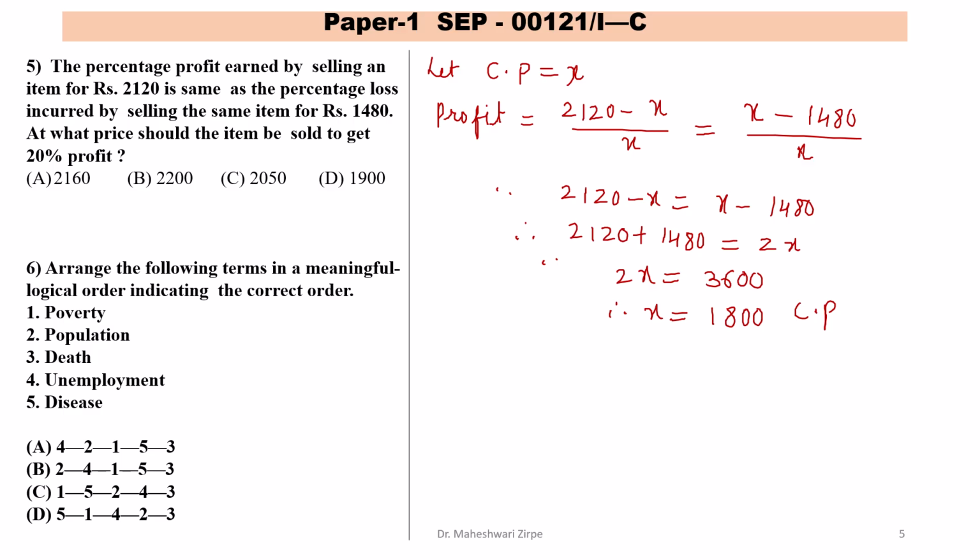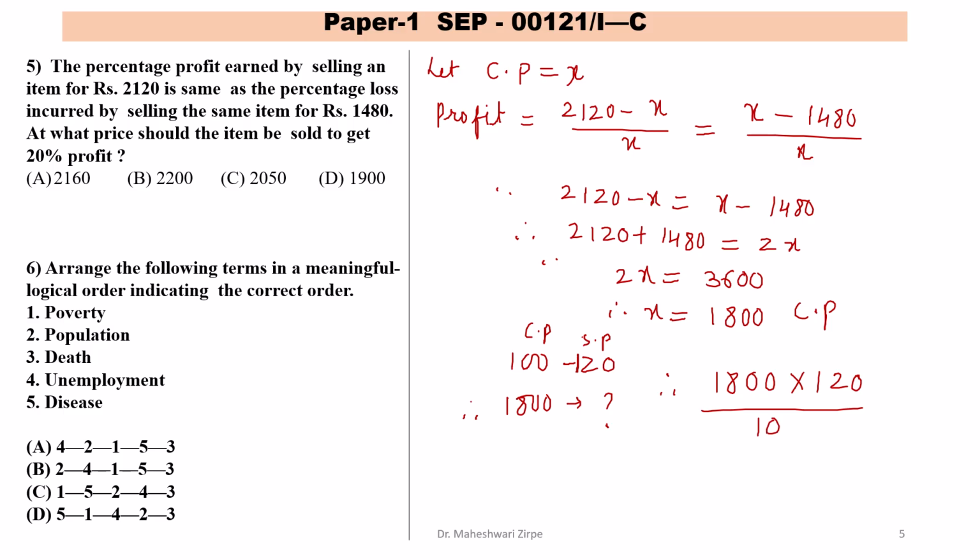They have asked for the selling price. For a cost price of 100, if you want a 20% rise, you should sell at 120. Therefore, if 1800 is the cost price, how much should the selling price be? So cross multiply: 1800 into 120 upon 100.